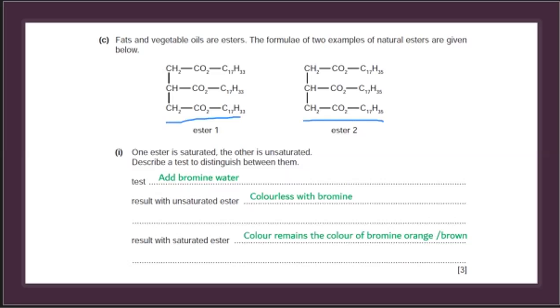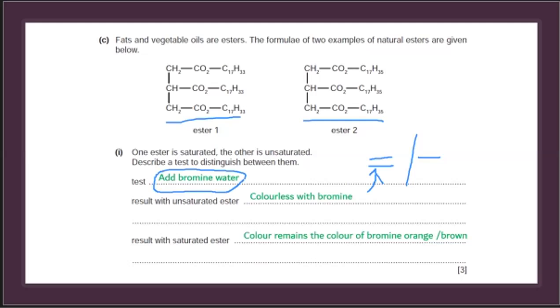Now, when we talk about something being saturated or unsaturated, we are talking about the presence of double or single bonds. So the test, in order for us to determine whether it's saturated or unsaturated, we can use the bromine water test, where we add bromine water to the samples and see if the bromine water goes colorless. If it goes colorless, that means a double bond is present.